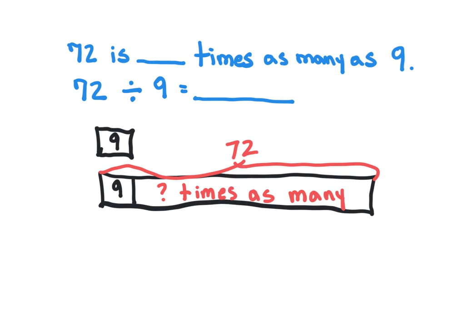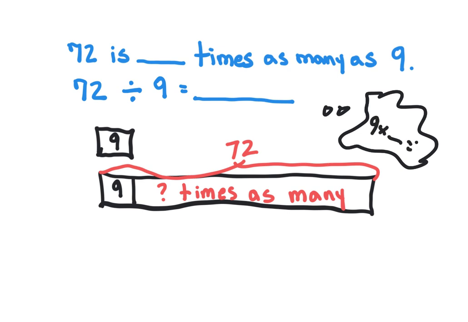So now we have to think to ourselves, 9 times what gives us 72? And if we know our multiplication facts, 9 times 8 would give us 72.